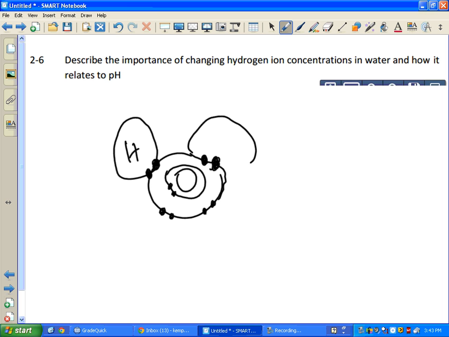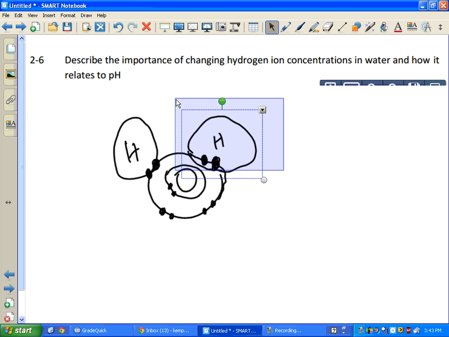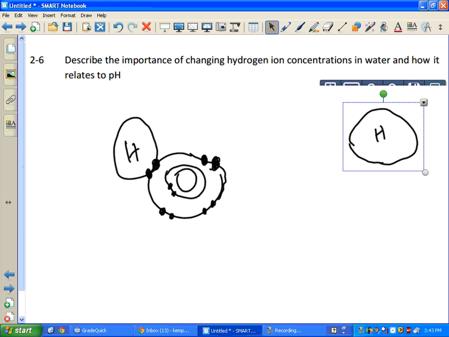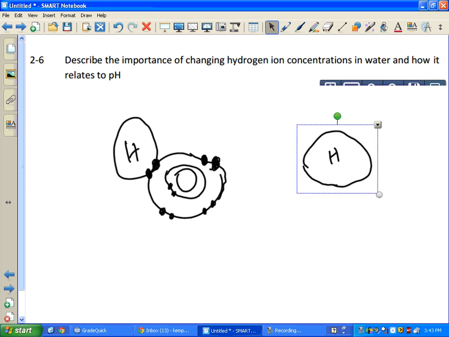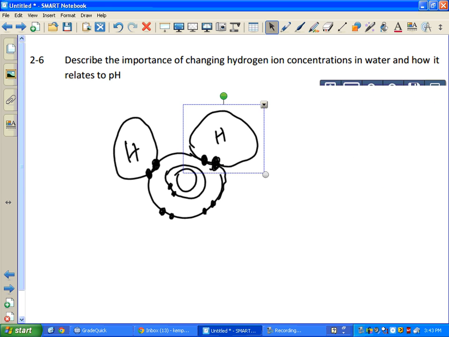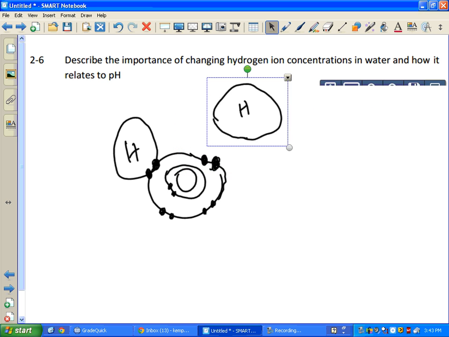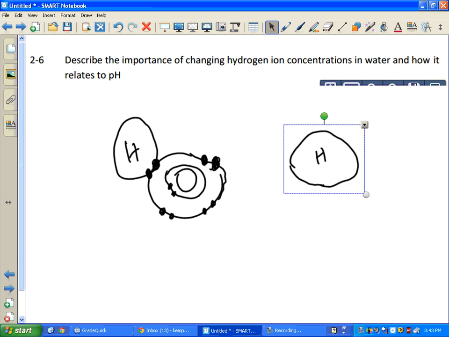So the hydrogen's there. Sometimes what happens is this. It leaves. This hydrogen just gets pulled away. Maybe by something negative like chlorine, it just gets pulled away.